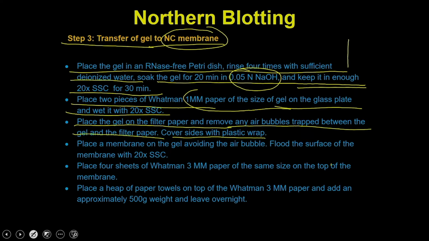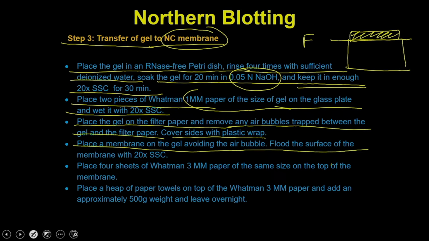So, what you have to do is take a glass slide or glass base, and on this you first keep the Whatman filter paper. Then on this you keep the agarose block, which you are going to use for transferring the RNA, and then you place the nitrocellulose membrane onto the gel, avoiding air bubbles.